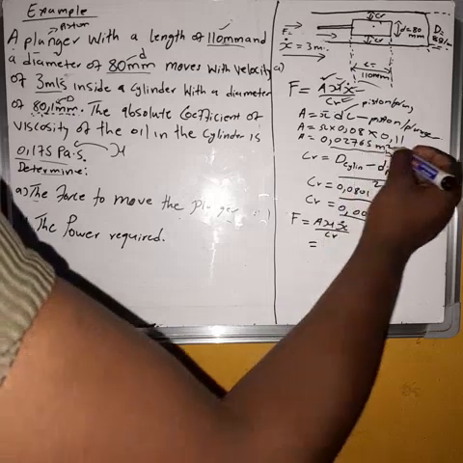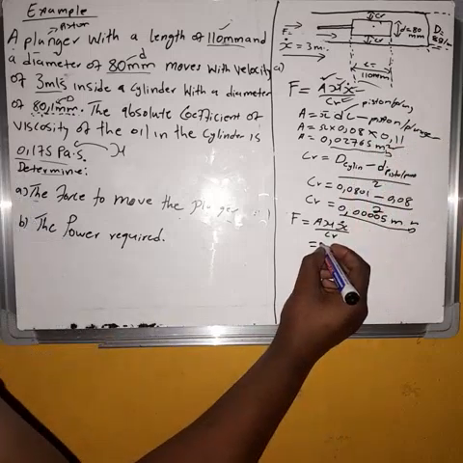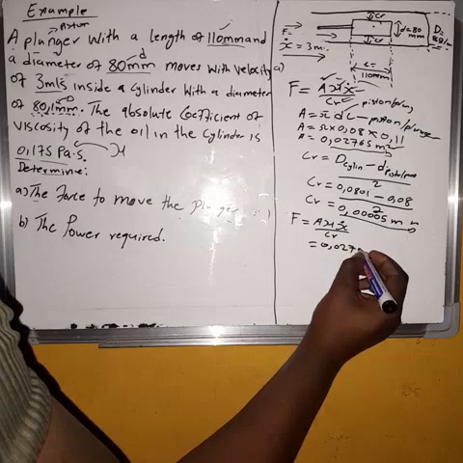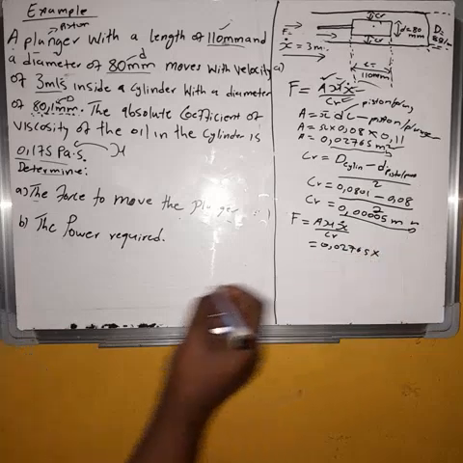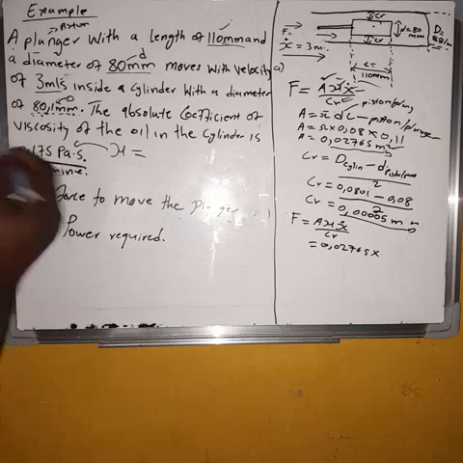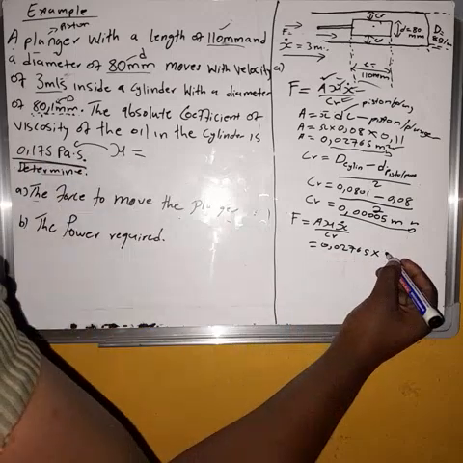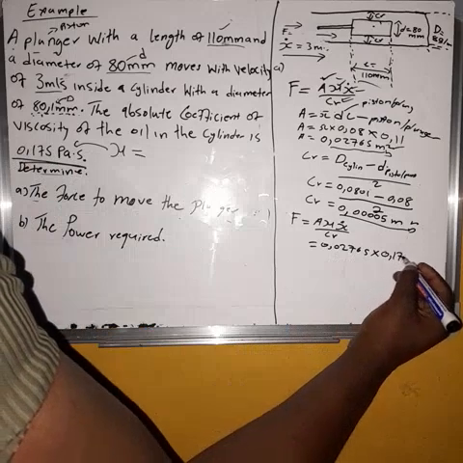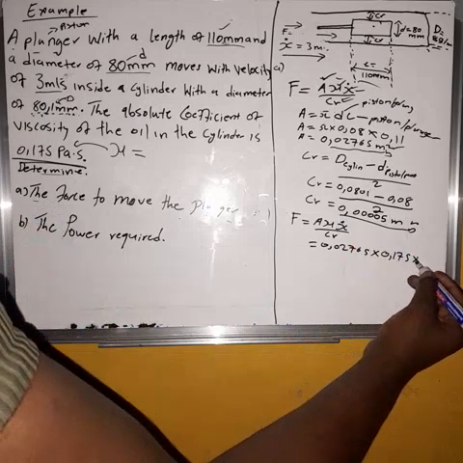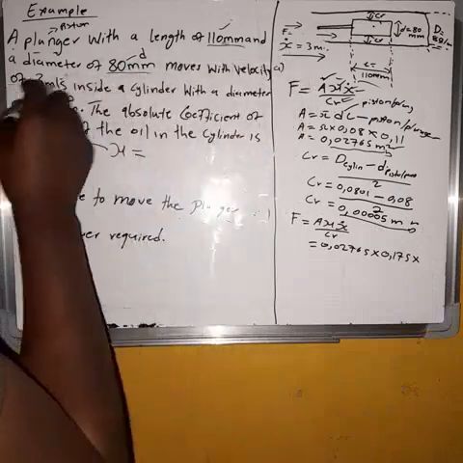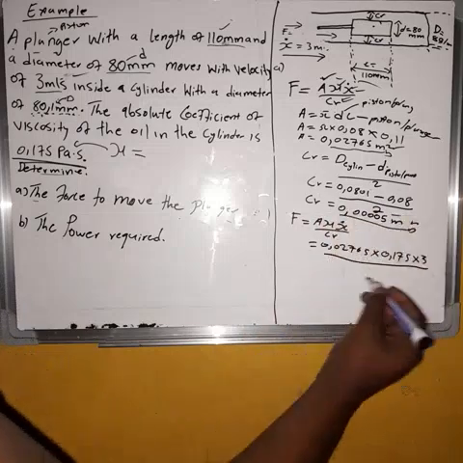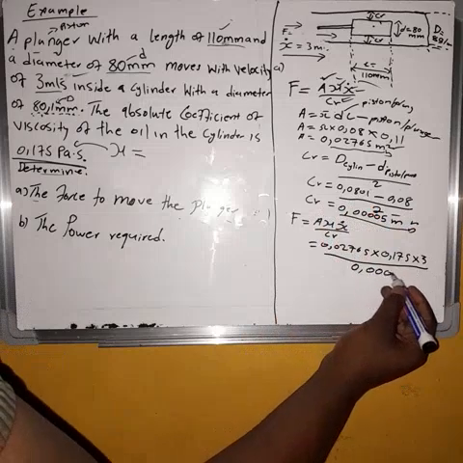We substitute the area, 0.02765, multiplied by the coefficient of viscosity, mu, which they've given us for the oil as 0.175, multiplied by the velocity they've given us, which is 3, divided by the clearance you've calculated, 0.00005.